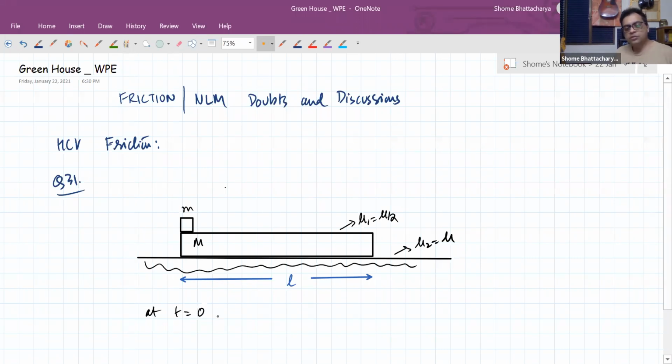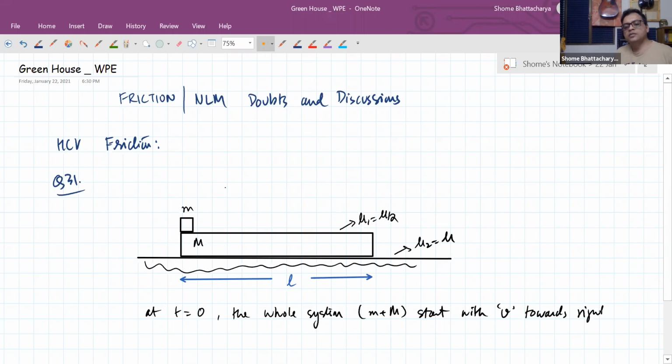So at t equal to 0, the whole system, that is the block plus the plank, starts with velocity v towards the right. They are imparted an impulse or something like that.